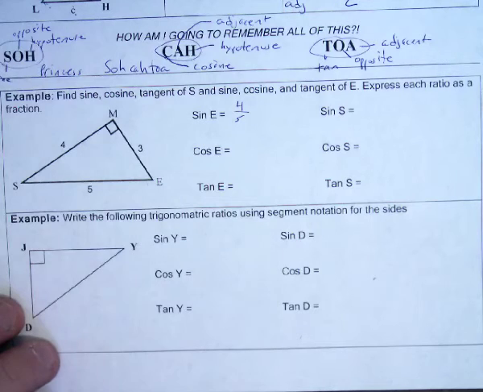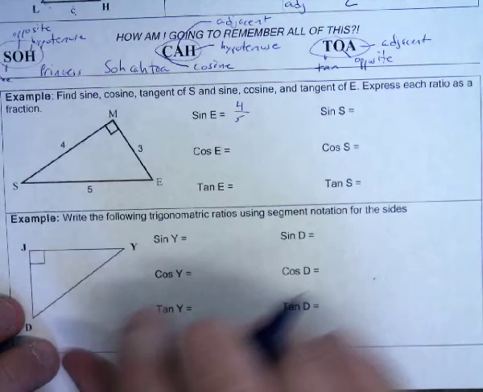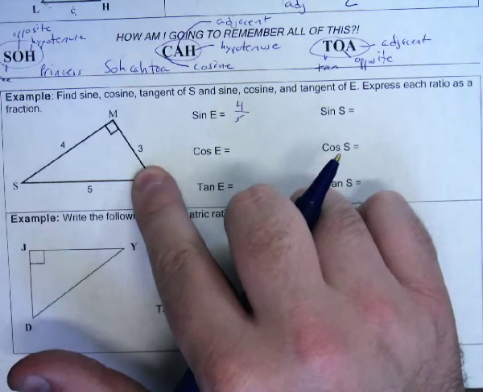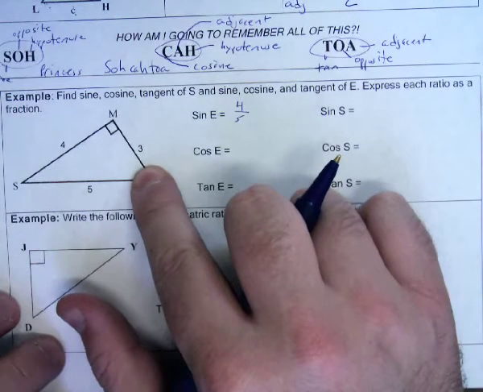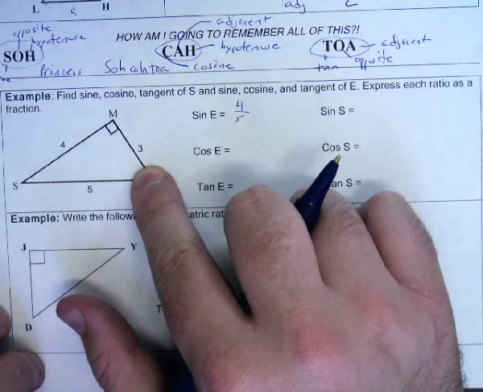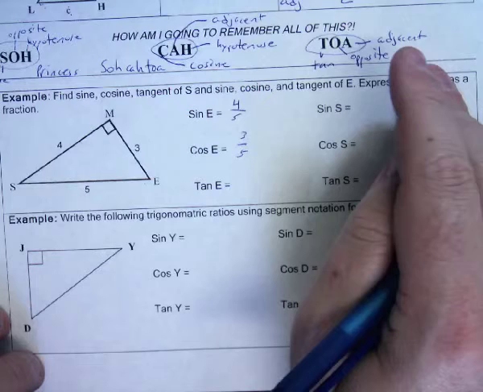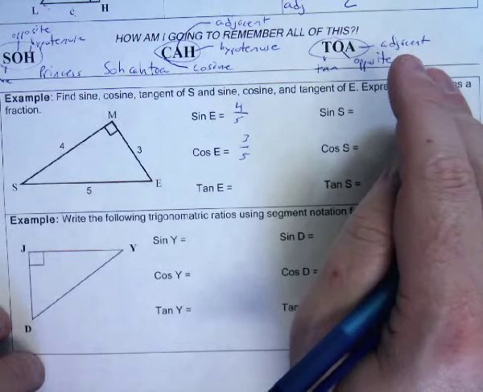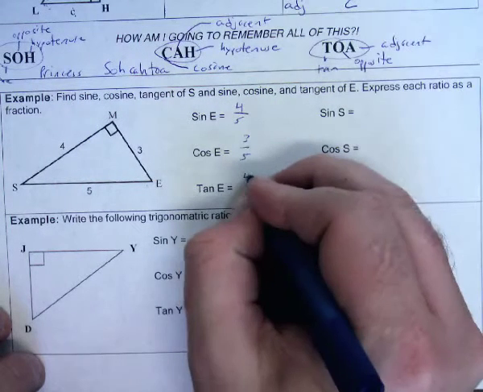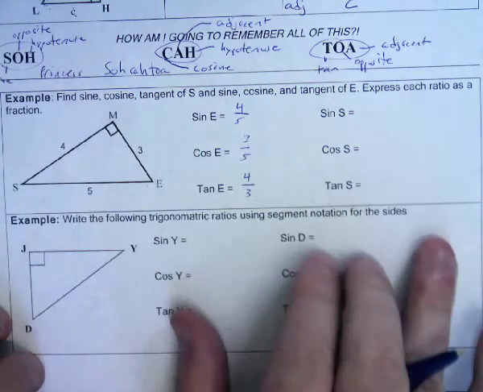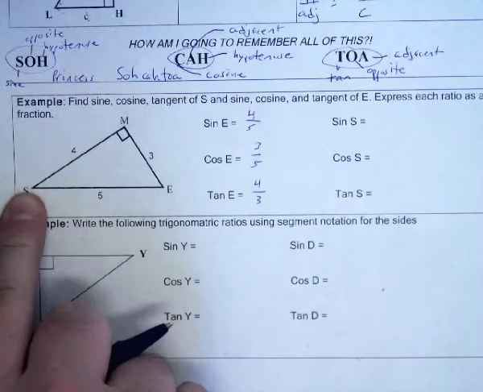So cosine is adjacent over hypotenuse. And so adjacent is the side I am touching, but that's not the hypotenuse. So that would be 3, and the hypotenuse is 5. And then we have the tangent, which is opposite, we've already talked about, is 4, and adjacent is 3. For sine of S, we've just changed where we're going.